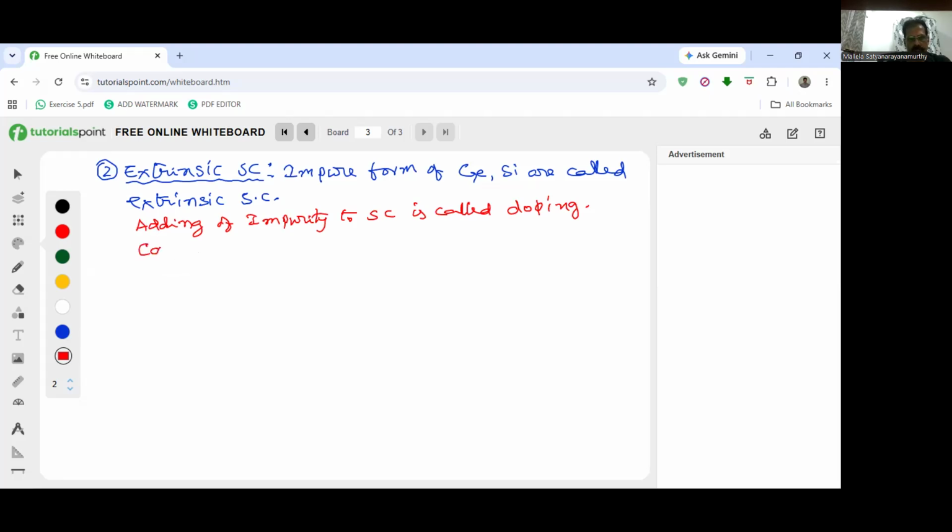Because the conductivity of the semiconductor increases. Adding of impurity to a semiconductor, to germanium, silicon, increases its conductivity.